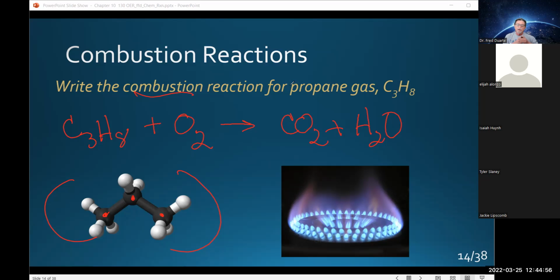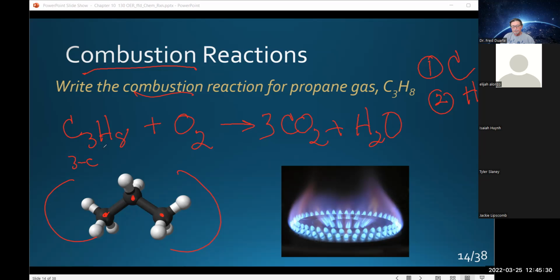All right, now, when it comes to a combustion reaction, we have a step process to balance it. Number 1, we first balance the carbon, okay? And so we have 3 carbons over here on the left, 3 carbons over here. I need to balance the carbons on the right, so I simply put a 3 in front of carbon dioxide. So that balances my carbons. So carbon's okay. Second, we balance the hydrogens, okay?